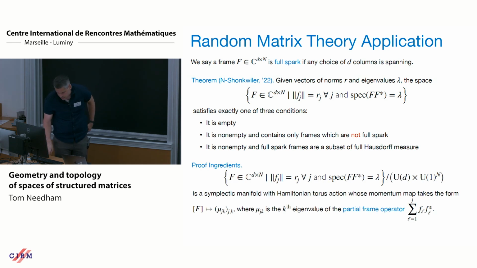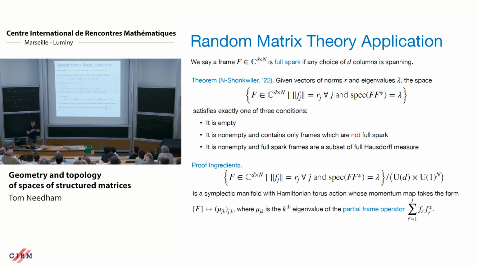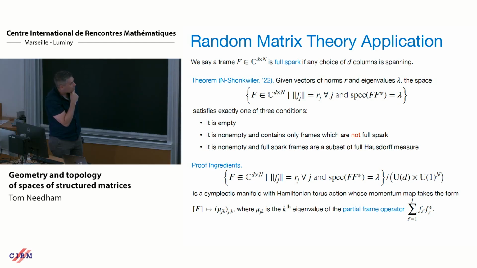So this proof is a little more complicated. I'll just tell you the ideas that come up in this proof, and it's once again symplectic ideas. We consider this generalized frame space, then we mod out by certain group actions. That turns this into a symplectic manifold, or really a symplectic stratified space, if I'm being honest.